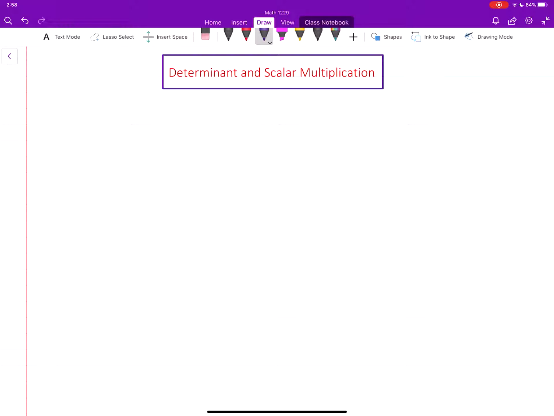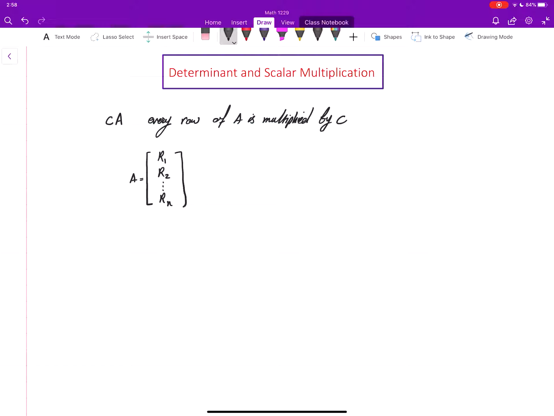Remember that when you multiply a constant C to a square matrix, every entry, or every row of A, is multiplied by C. In other words, if A is our row 1, row 2, up to row n, these are just rows, then CA is going to be CR1, CR2, and CRn.